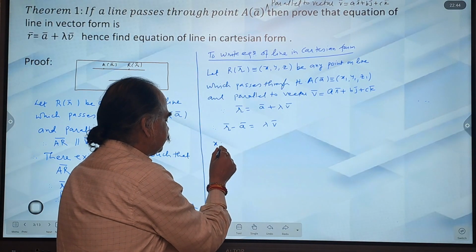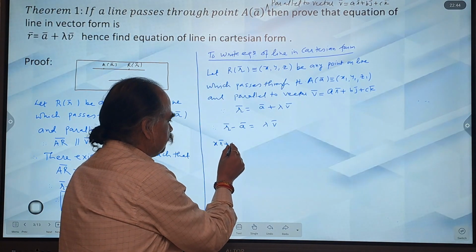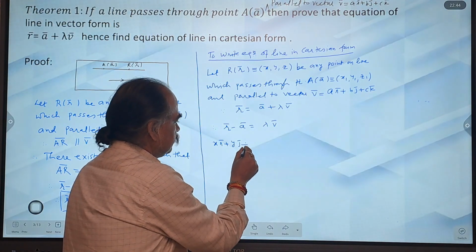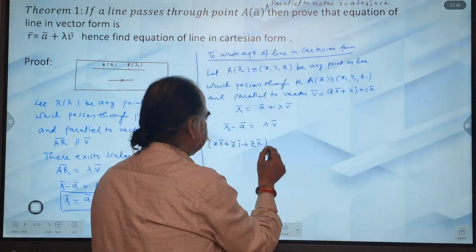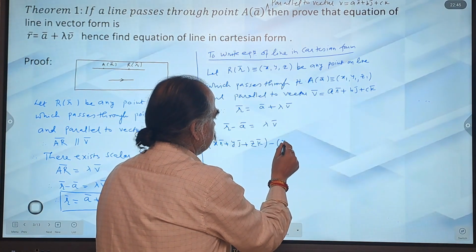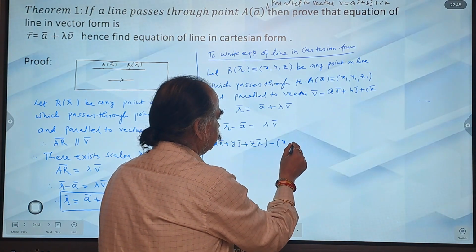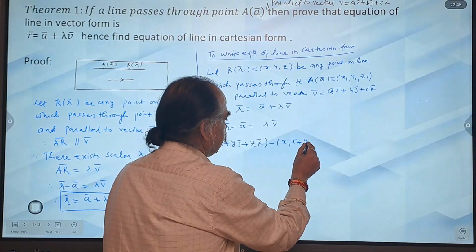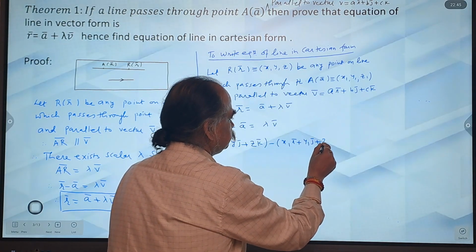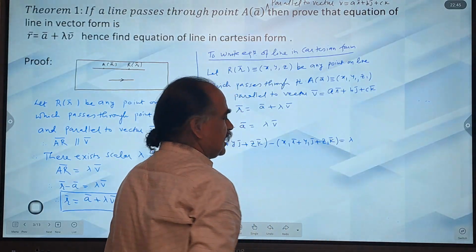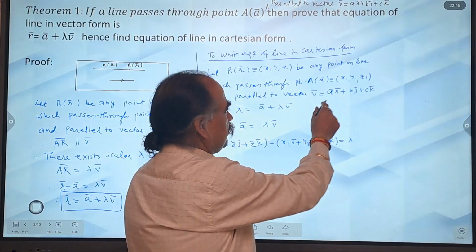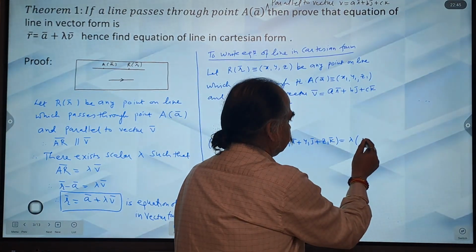Replace the value of R bar. R bar is what? Xi plus yj plus zk minus x1i plus y1j plus z1k is equal to lambda into v bar, which is what? ai plus bj plus ck.